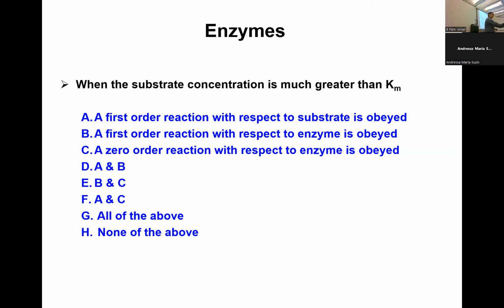It's the concentration of the substrate at which velocity is Vmax over 2, half the maximum velocity. So it's not the rate; it's the concentration of the substrate at which the rate of the reaction is Vmax over 2.